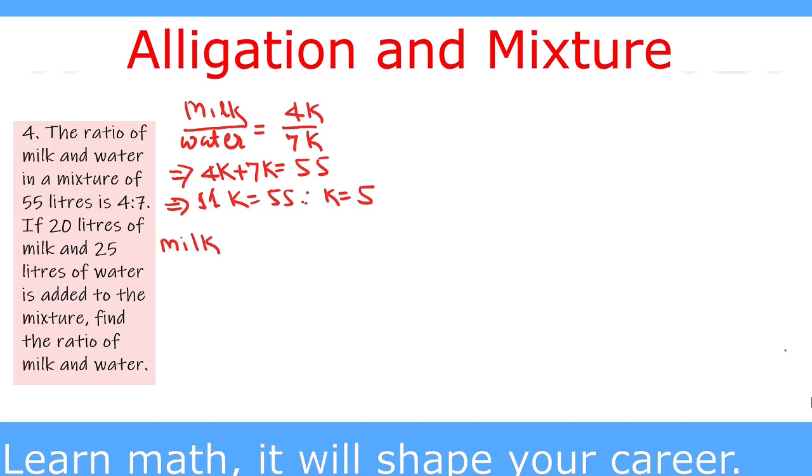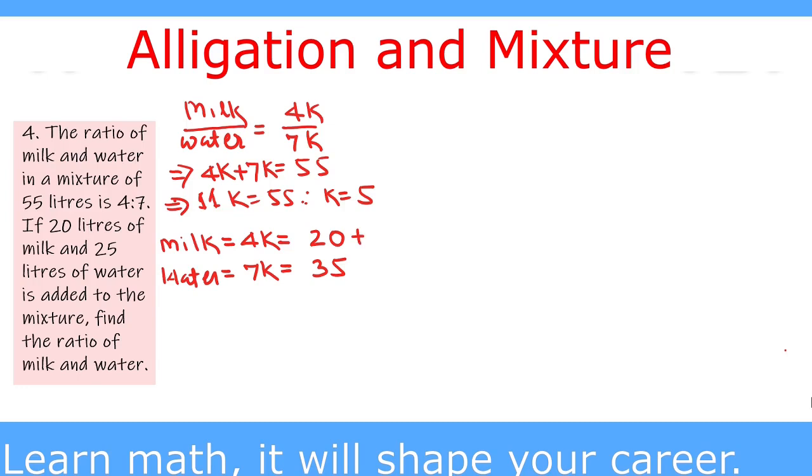Now milk equal to 4K, equal to 4 multiplied by 5, which is 20 liters. And water equal to 7K, and 7 multiplied by 5 is 35. Now it is given that 20 liters of milk and 25 liters of water is added to the mixture.